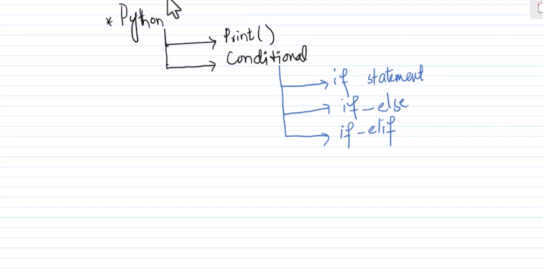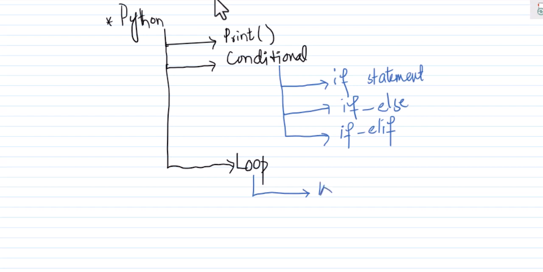Similarly, after it we went towards the iterations or repetitive statements, which we called the loop statements. In loops, the first thing we discussed was a very famous loop, the while loop, which is basically a loop statement which follows some condition.